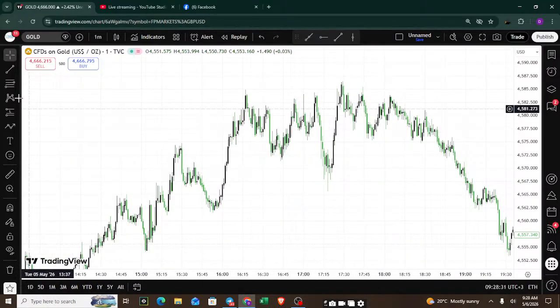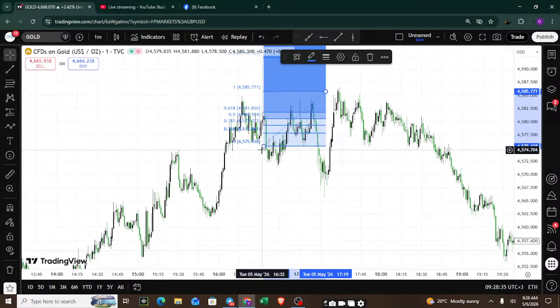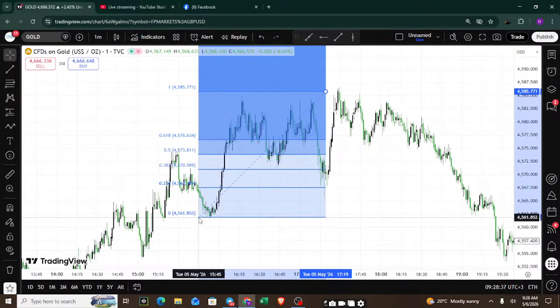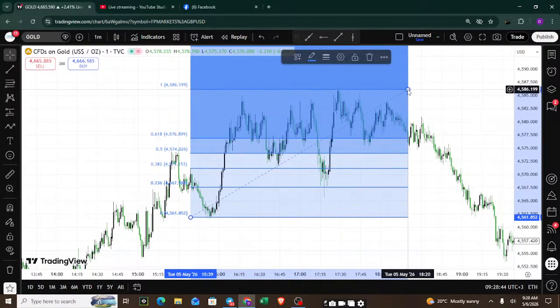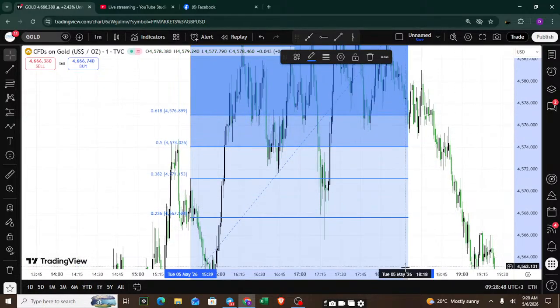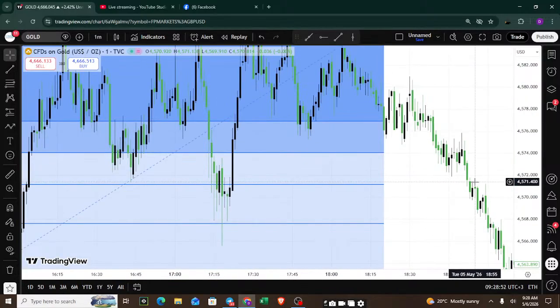For example, yesterday we had a very good trade. I have mentioned that this system, or this strategy, will appear multiple times during the sessions.